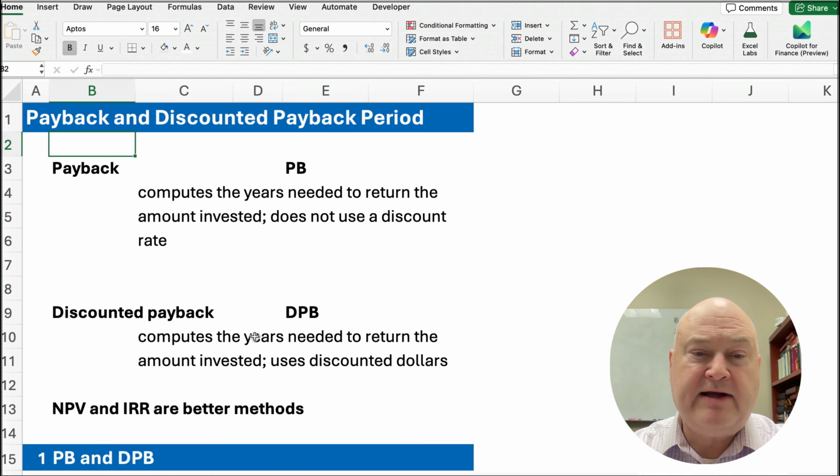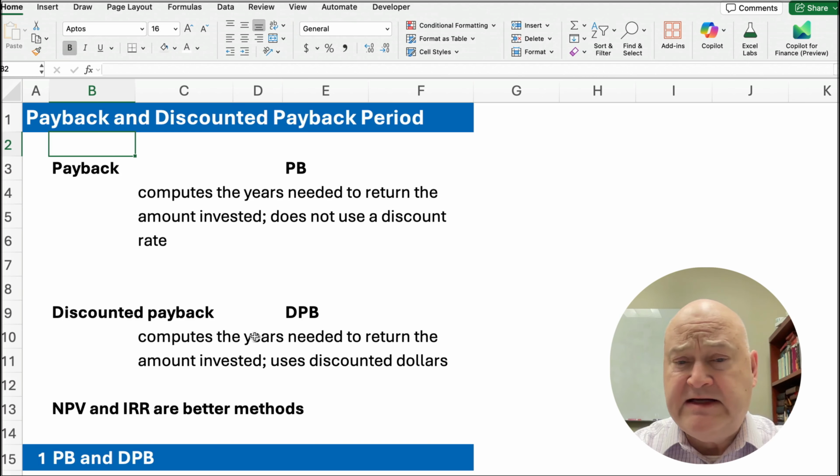Now the payback period is just a simple calculation that calculates all the years needed to return the amount invested in a project. It does not use discounted dollars or discount rate. So there is another method called the discounted payback, which does use discounted dollars.